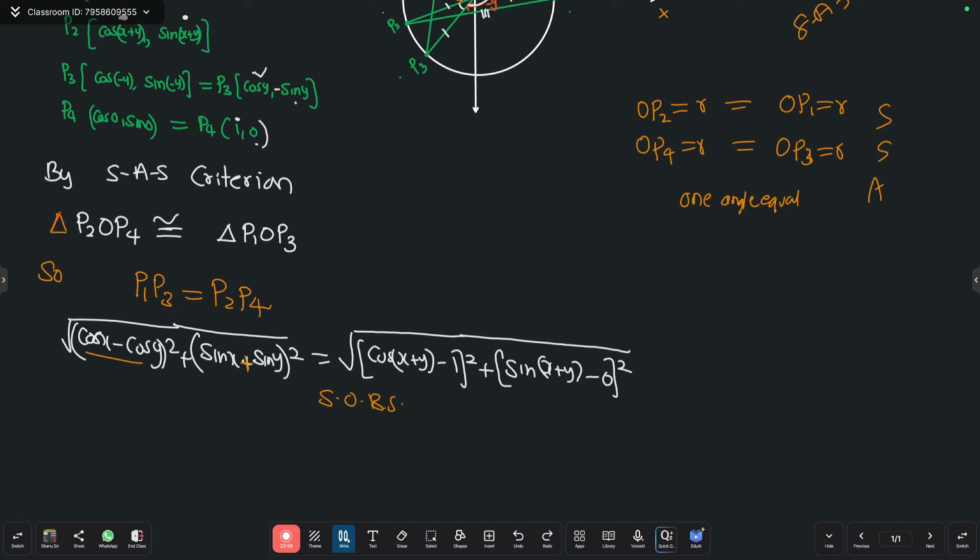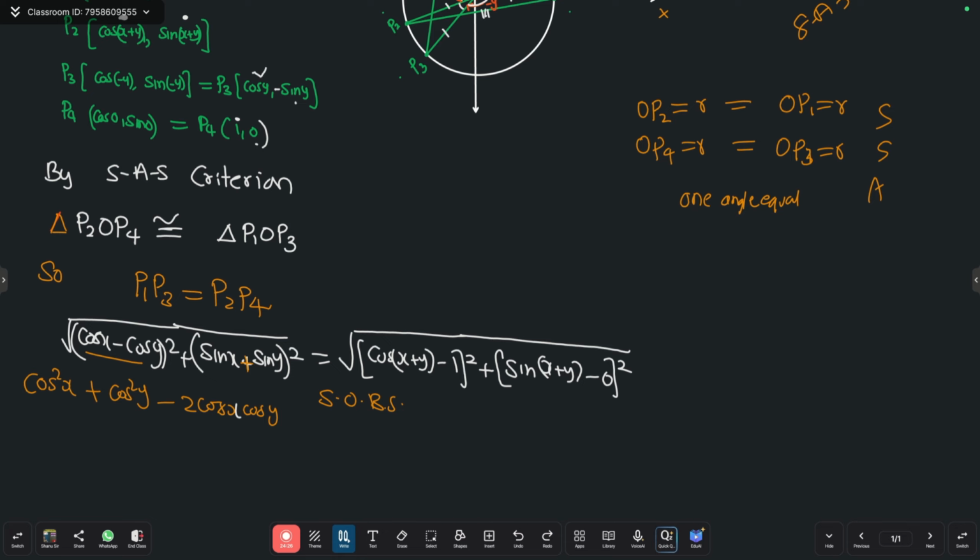So it will be cos square x, the square root cancels because I have squared on both sides. So cos square x plus sin square x, cos square x plus sin square and cos square y, minus 2 cos x cos y.